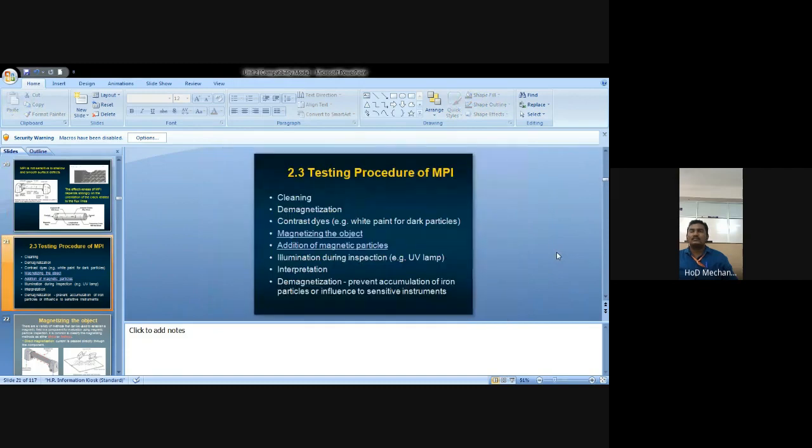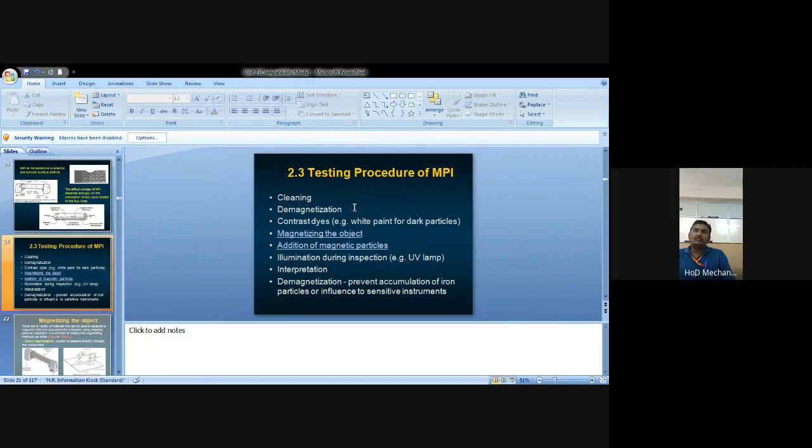The procedure of magnetic particle inspection. Before making a testing or inspection of the given specimen, we have to clean the surface of the testing specimen. That is the first procedure for testing, the preparation of the testing specimen. That is the cleaning.